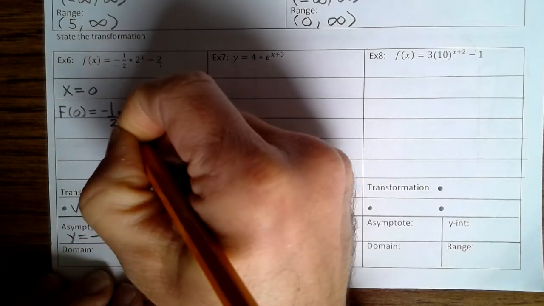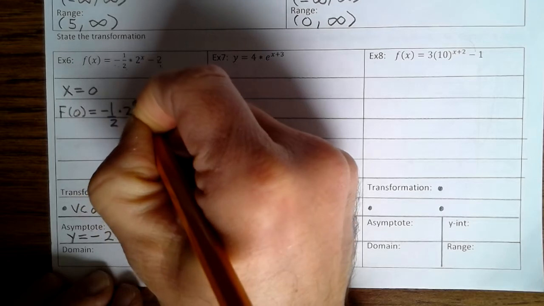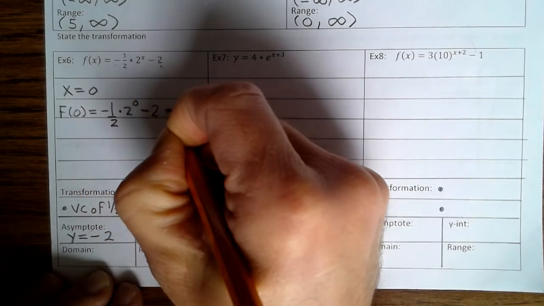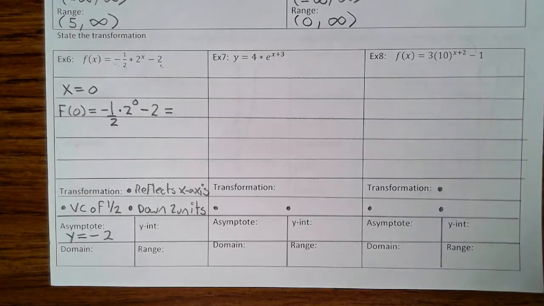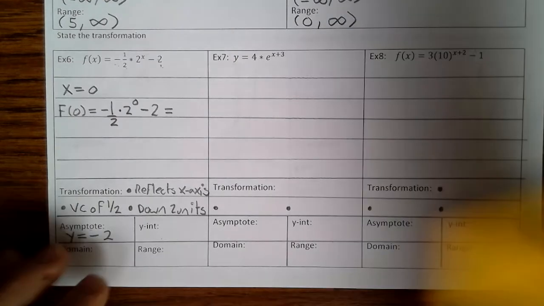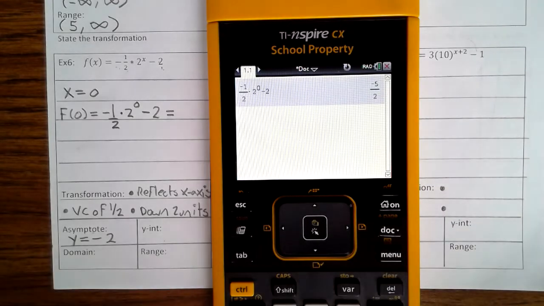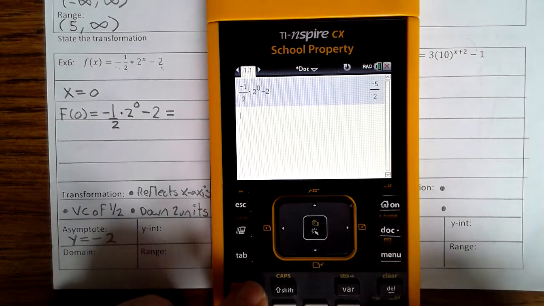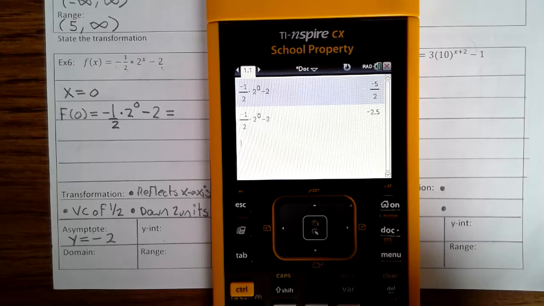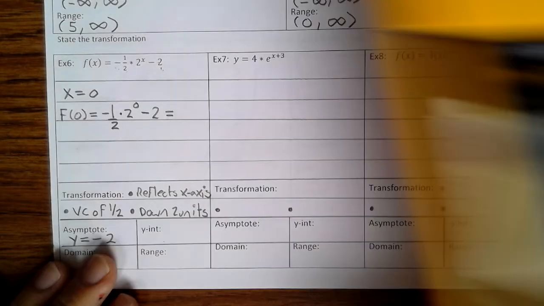So let's go ahead and use our calculator for that. Okay. So -1 divided by 2 times 2 to the 0 minus 2 is -5 divided by 2. Okay. So control enter. We can say that's -2.5. So our y-intercept is 0, -2.5.